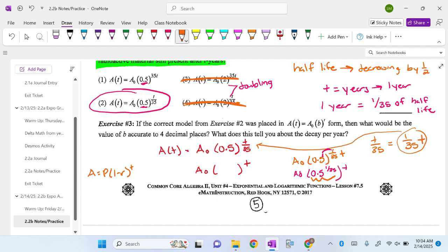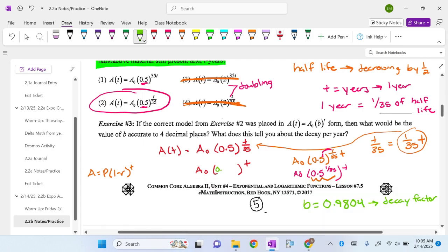If we put this in our calculator, we would get a b value equal to, and just to save time I'm just going to give it to you, 0.9804, and that's a rounded answer. This is actually our decay factor. It's not the rate of decay, it's our decay factor, meaning that every year, if we multiply our original value by 0.98, it would give us what we have left after that year of a half-life.